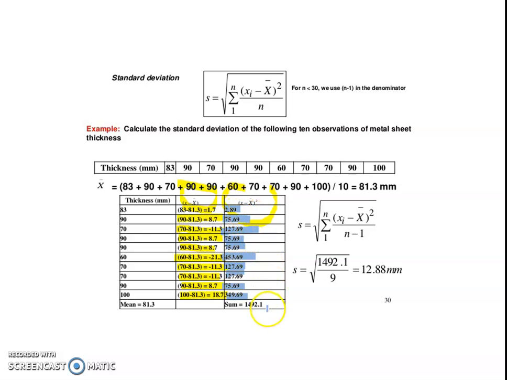Each number square we have to take. The grand total we derive is 1492.1 and we put it in this formula. Why do we take n minus 1? Because n is less than 30, the denominator is 9. So the standard deviation is 12.88 millimeter.